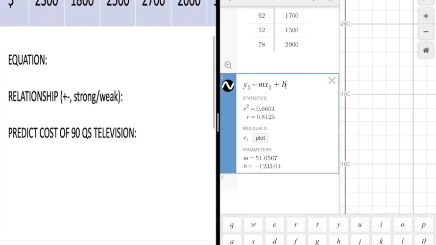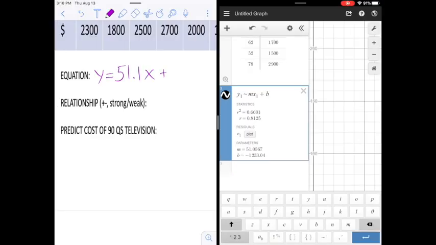So it'll be y equals the m, which is 51.1, x plus the b, which is negative 1,233. So if it's plus a negative, it's really minus 1,233. And that will be our regression equation.